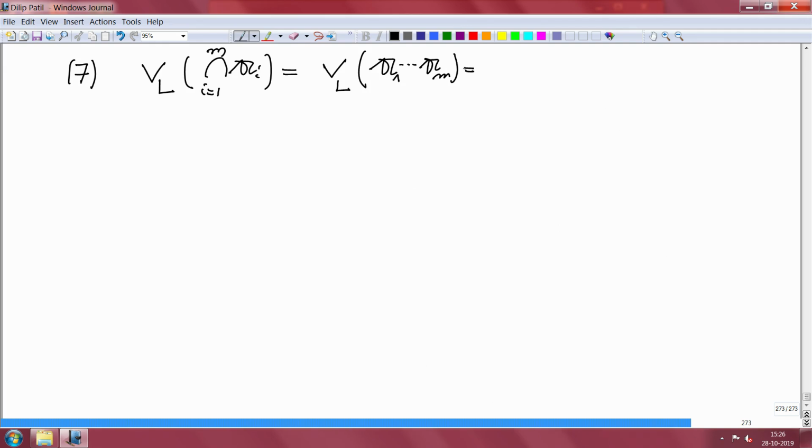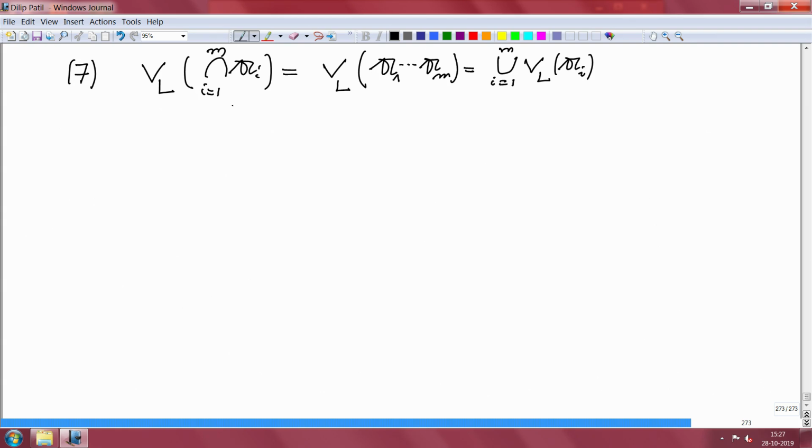Also it is the same thing as the union of i from 1 to m, V_L of A_i. So this also shows that a finite union of K algebraic sets is again K algebraic.